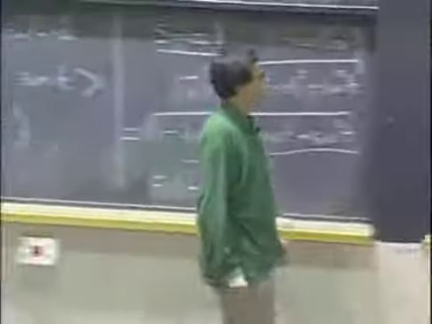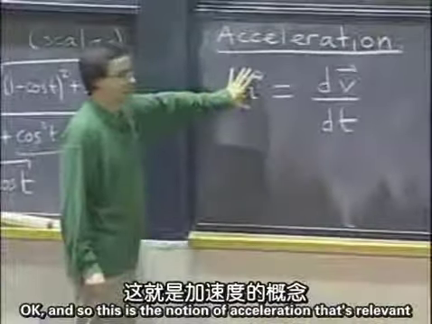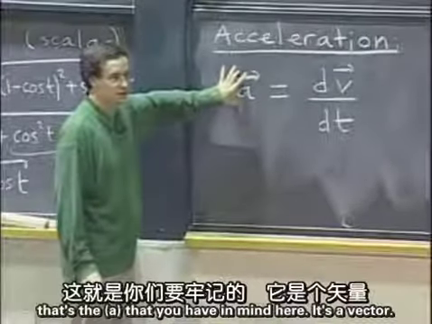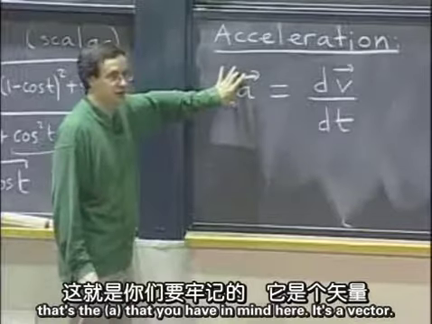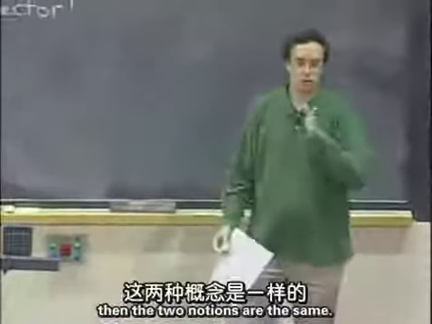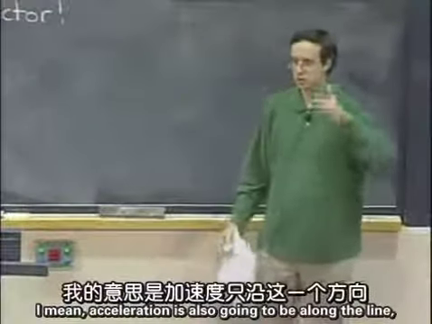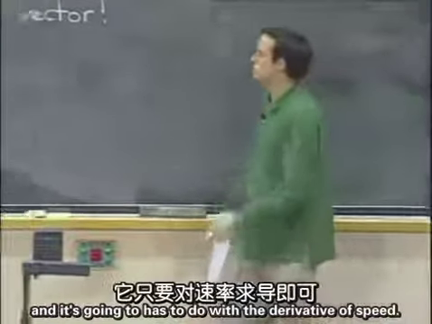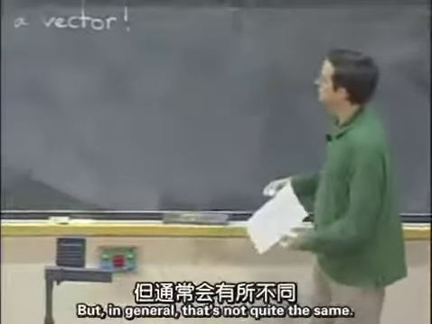This is the notion of acceleration that's relevant in physics. For example, when you write F equals ma, that's the a you have in mind here. It's a vector. Of course, if you're moving in a straight line, then the two notions are the same. Acceleration is also going to be along the line, and is going to have to do with the derivative of speed. But in general, that's not quite the same.